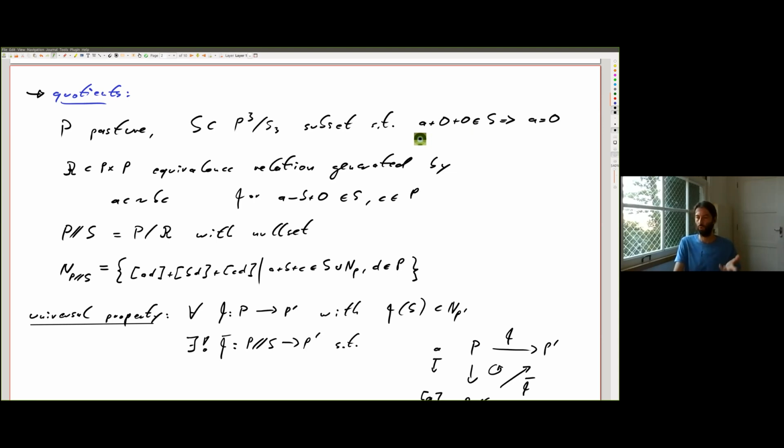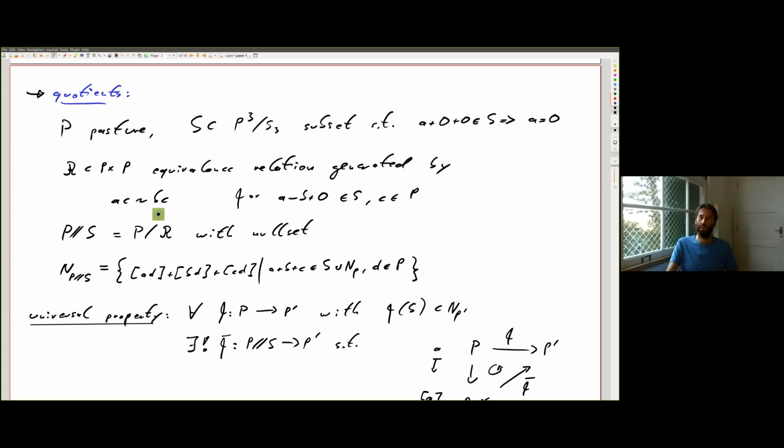I mean, this would force a non-zero element to be 0, which we don't want. If we have given such a subset, then we can define the quotient as follows. First of all, we define an equivalence relation R on P that's generated by expressions of the form AC is equivalent to BC whenever A minus B plus 0 is in S and C is an element of P.